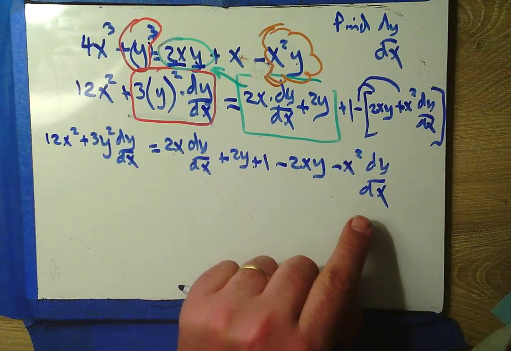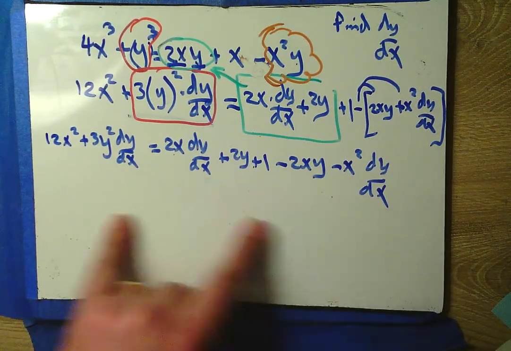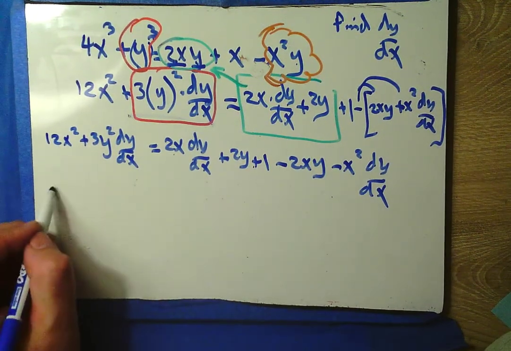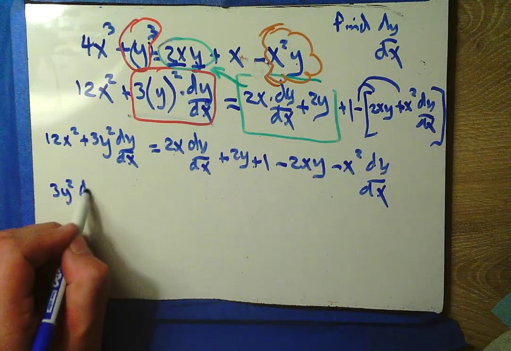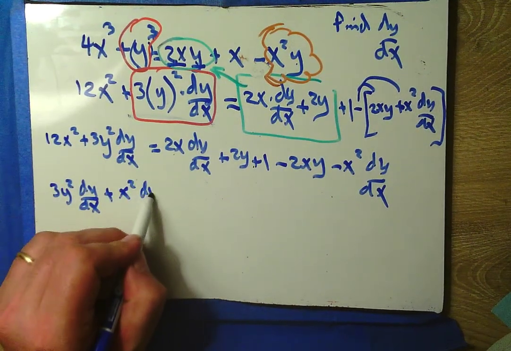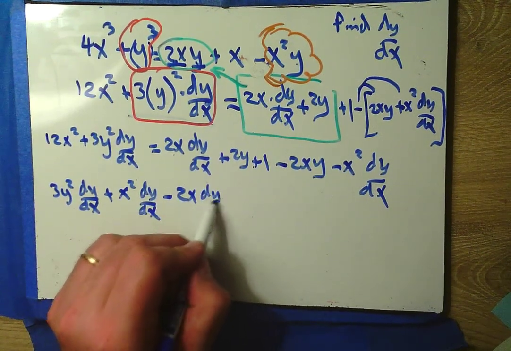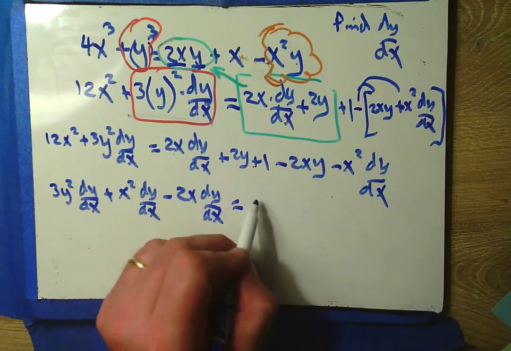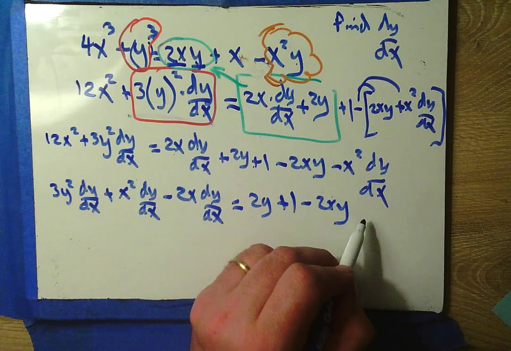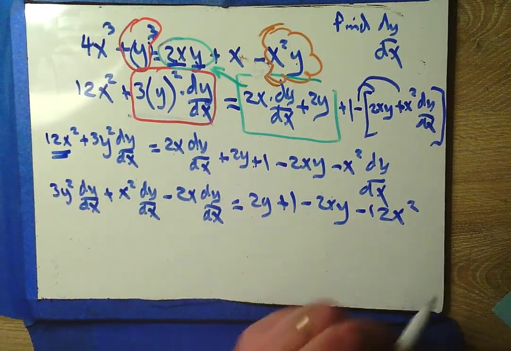I'm going to choose to move the dy/dx's over here and move this thing over here. So I'm going to have 3y squared dy/dx plus x squared dy/dx minus 2x dy/dx equals 2y plus 1 minus 2xy. And don't forget to move this guy over, minus 12x squared.